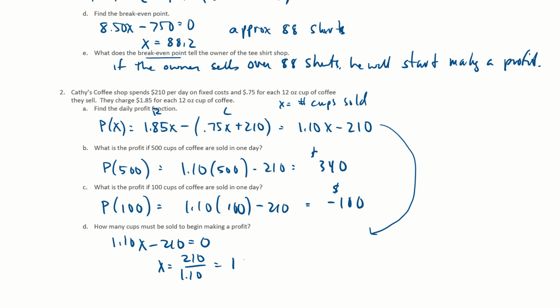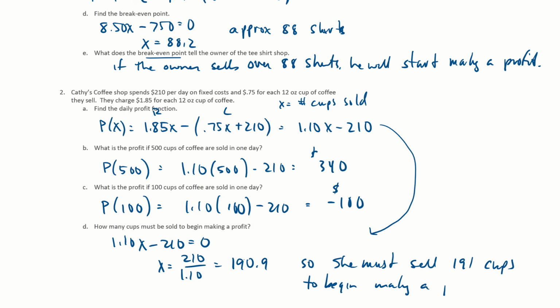Let me check that out. Yeah, 190.9. So how many must be sold to begin making a profit? She must sell 191 cups to begin making a profit.